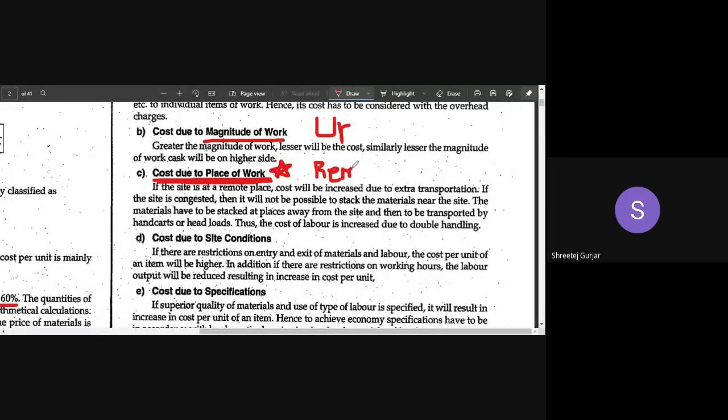Where will the cost be more, in the urban area or in the remote area, building the same type of house using the same materials?